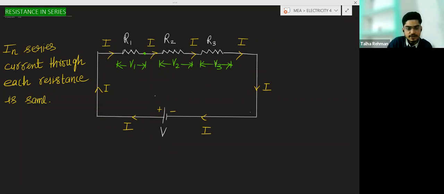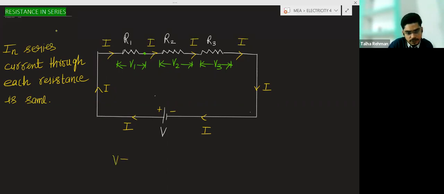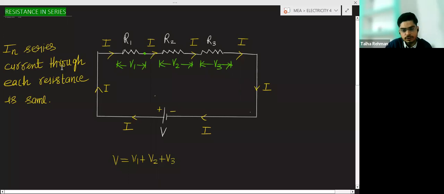So I can write V is equal to V1 plus V2 plus V3.